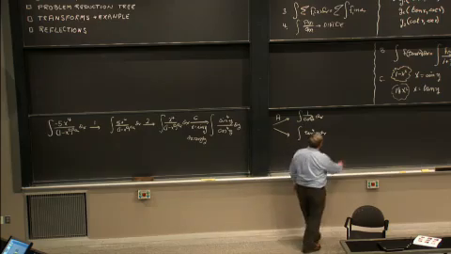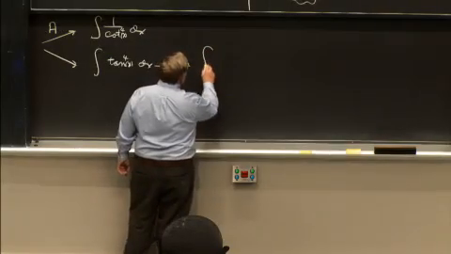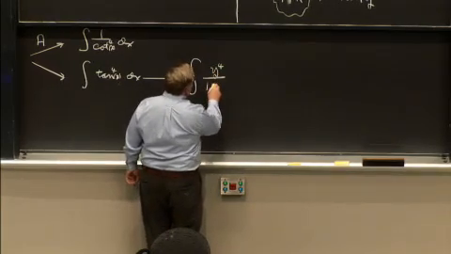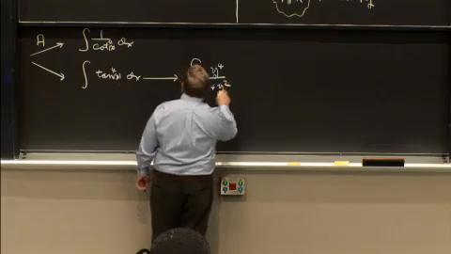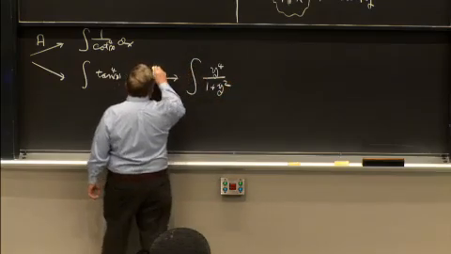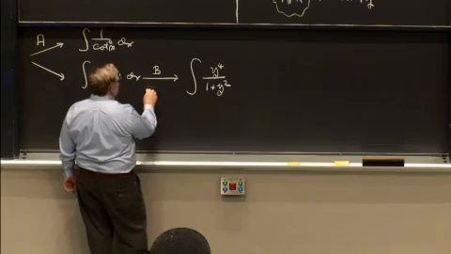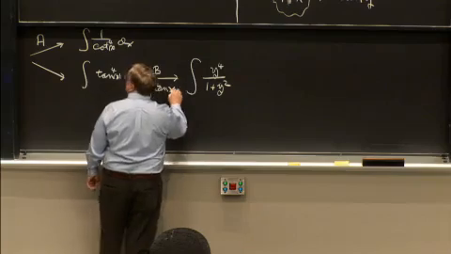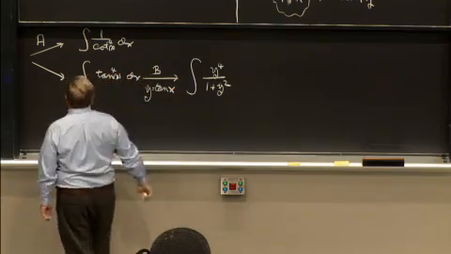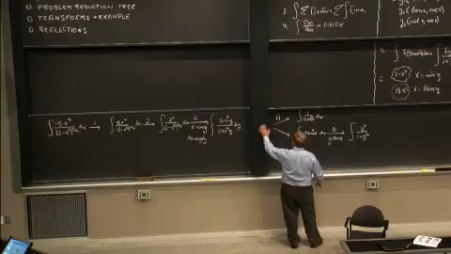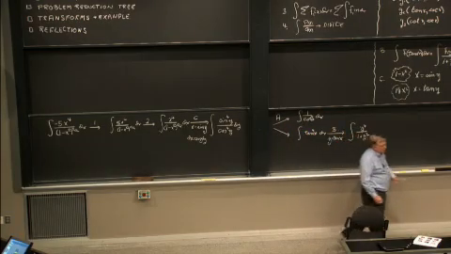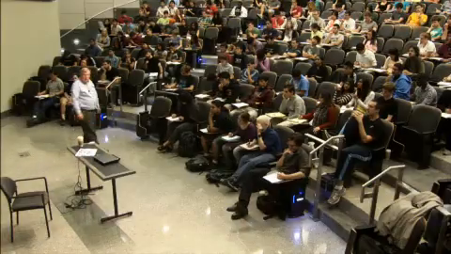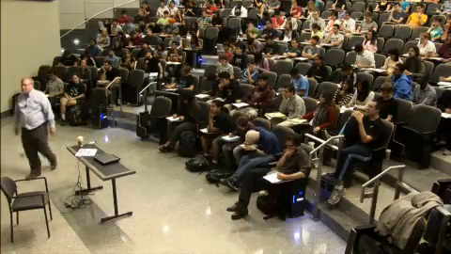So this becomes the integral of y to the fourth over 1 plus y squared, by transformation B, where y equals tangent of x. I guess I've lost track of the fact that I've already transformed to y, but relabeling doesn't matter. All right, so that's progress, maybe.